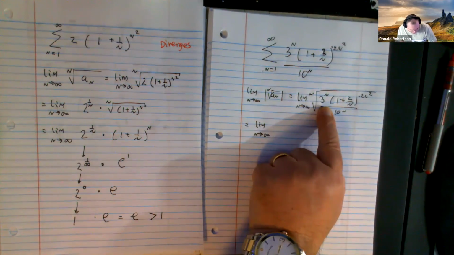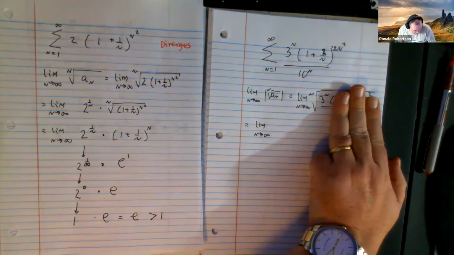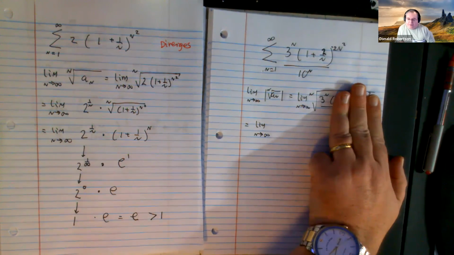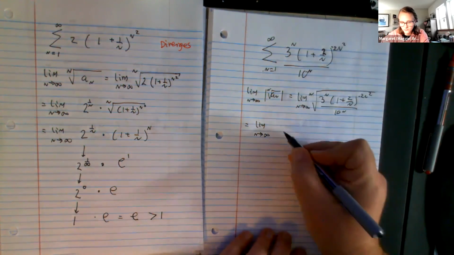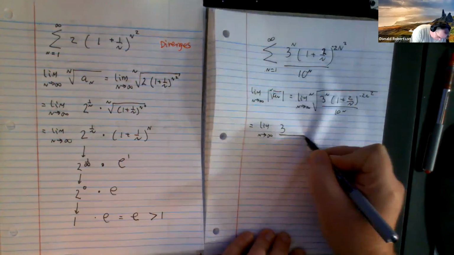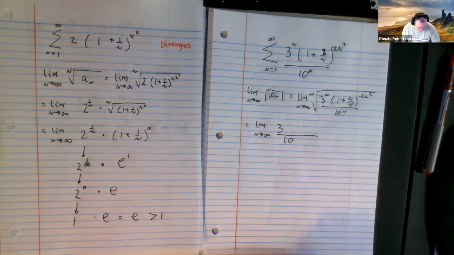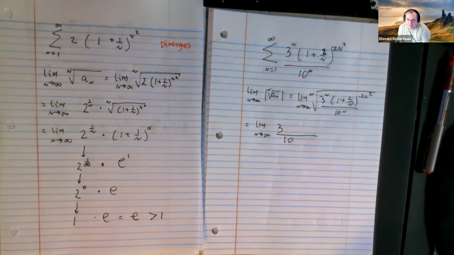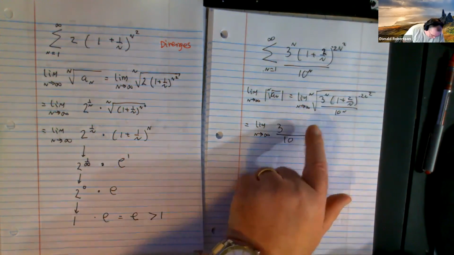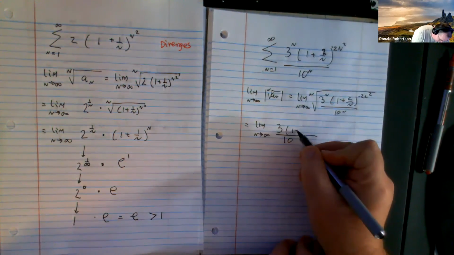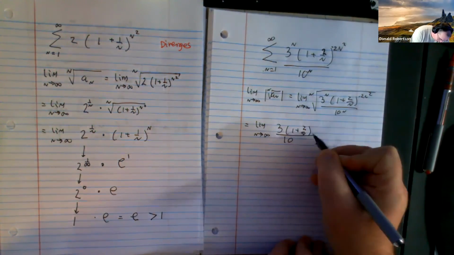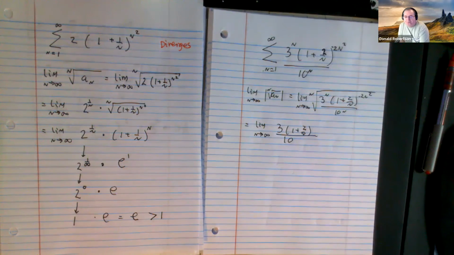What would 3 to the power of n be if you took the nth root of it? 3. Yeah. On the bottom, wouldn't you get a 10? Now, if you take the nth root of this ugly guy, you still get 1 plus 2 over n, but what power do you get?